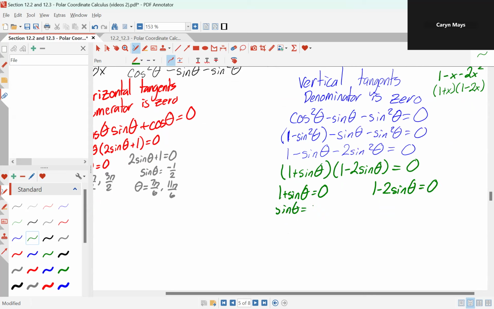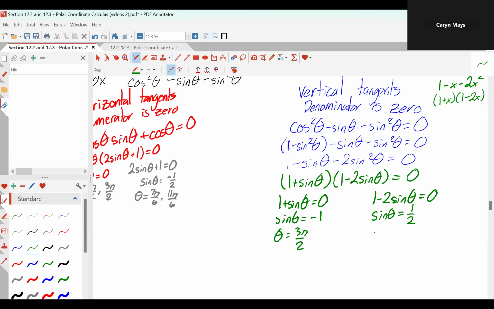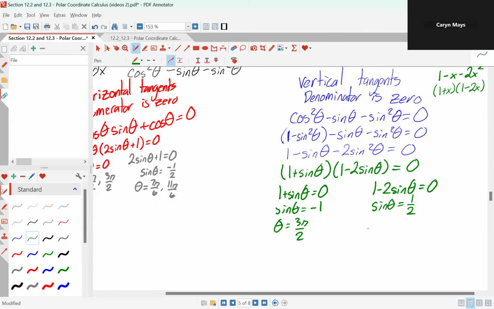Sine theta equals negative 1 happens at 3 pi over 2. Sine theta equals 1/2 happens at theta equals pi over 6 and 5 pi over 6.